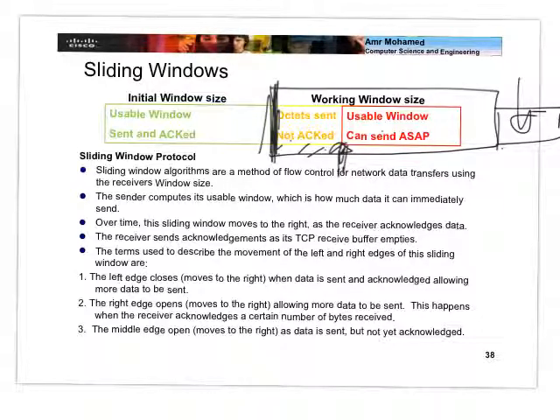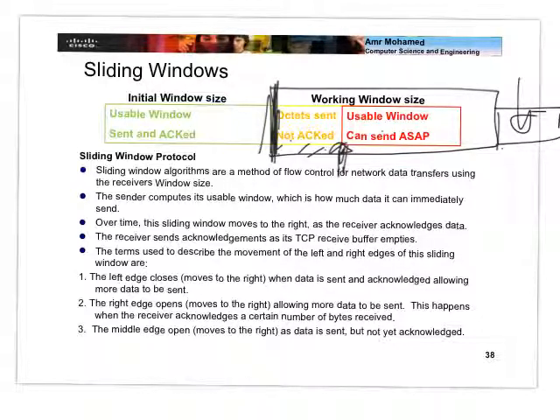Go ahead. So why would I have data that I can send? Yeah, because remember the file itself is large, and you cannot have a sliding window that's the size of the entire file that you want to send. So this is a smaller window, like you have a microscope and you're scanning through the file like this. So there is a part now that you can process and send.